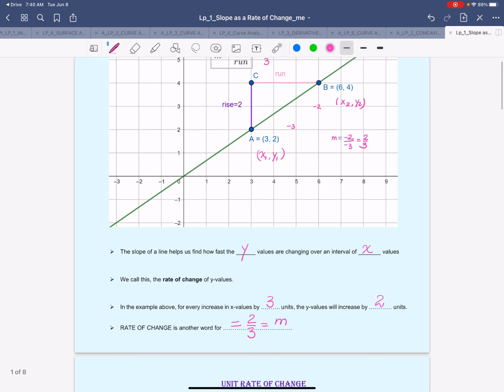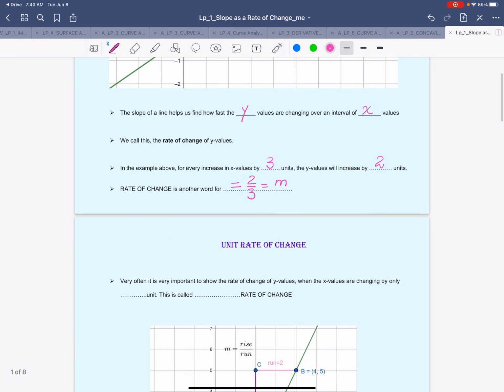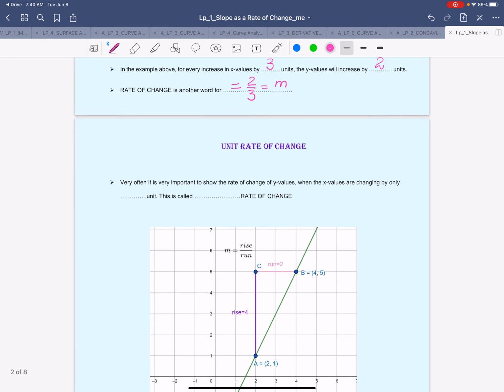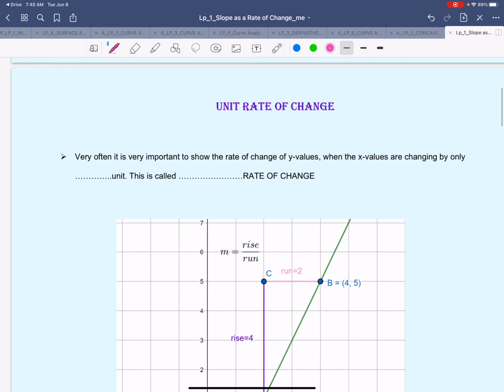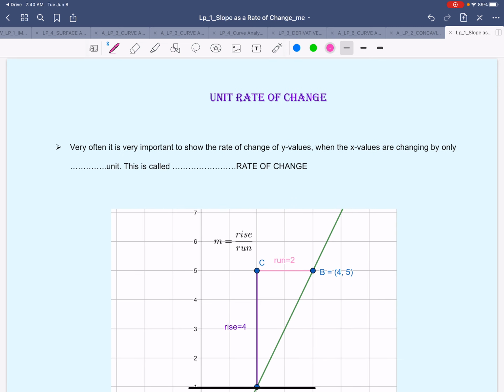In other words, the rate of change is another name for the word slope. Now, the next thing that we are looking at is the unit rate of change. So, how is the unit rate of change different from the rate of change?